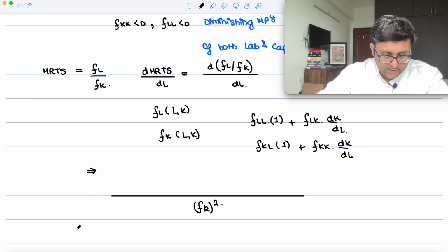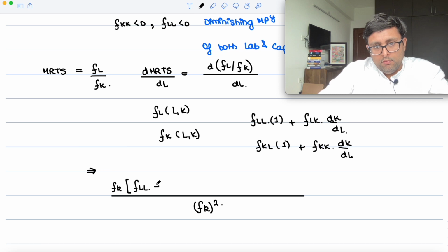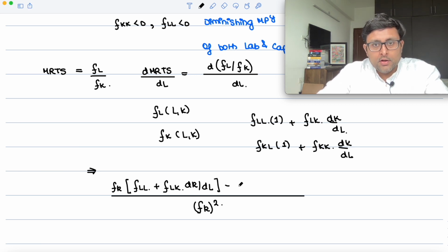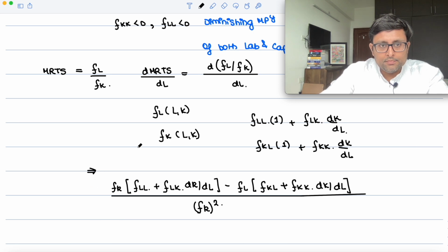Then, by the quotient rule, denominator as it is into the derivative of the numerator, the derivative of FL, which you have just written, which is FLL plus FLK dK by dL, minus the numerator as it is into the derivative of the denominator, which is FKL plus FKK dK by dL. Beta?